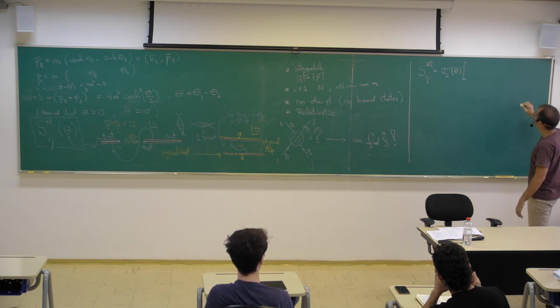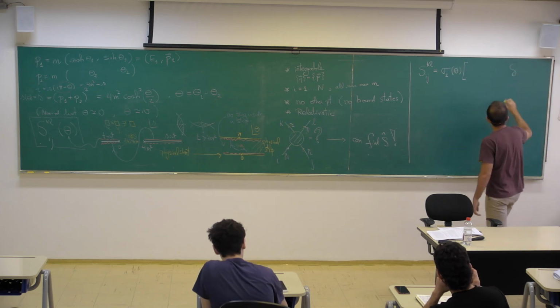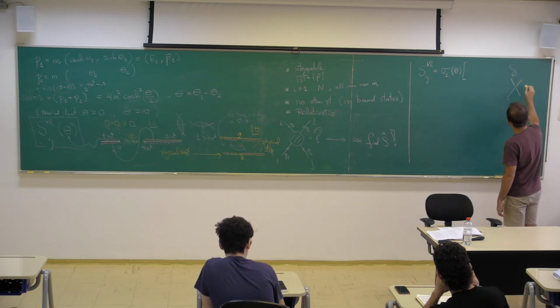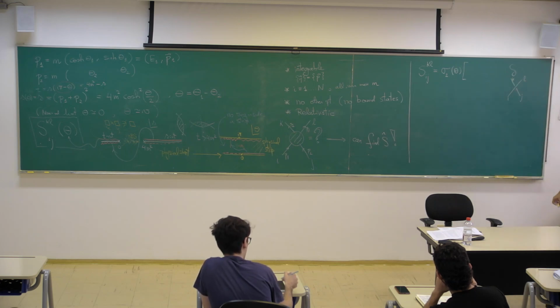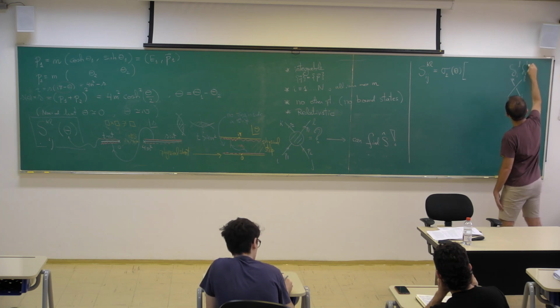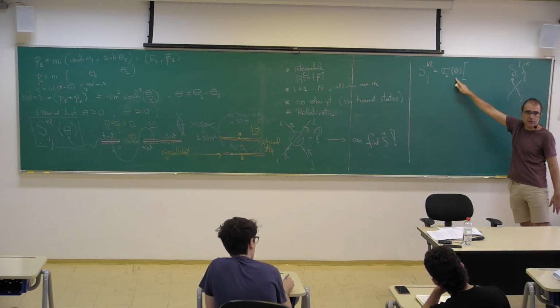Sigma 2 of theta will multiply the tensor structure where particle i moves directly to l and j moves directly to k, the case of the free theory. So in that case, I would write delta_il delta_jk. This is one of the ways of contracting the indices that's multiplied by sigma 2.